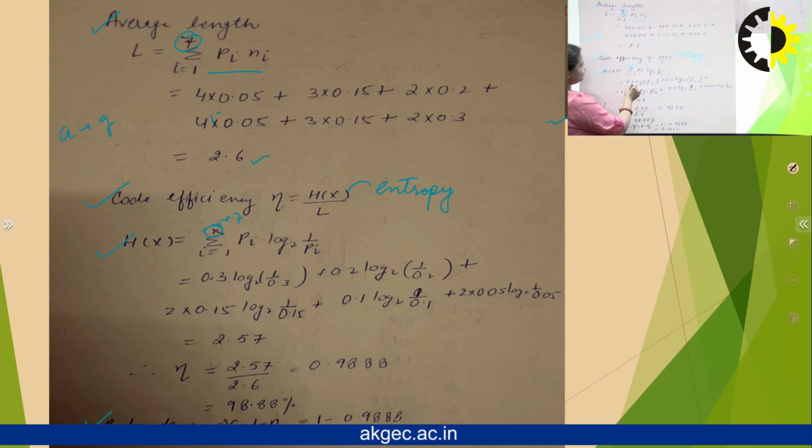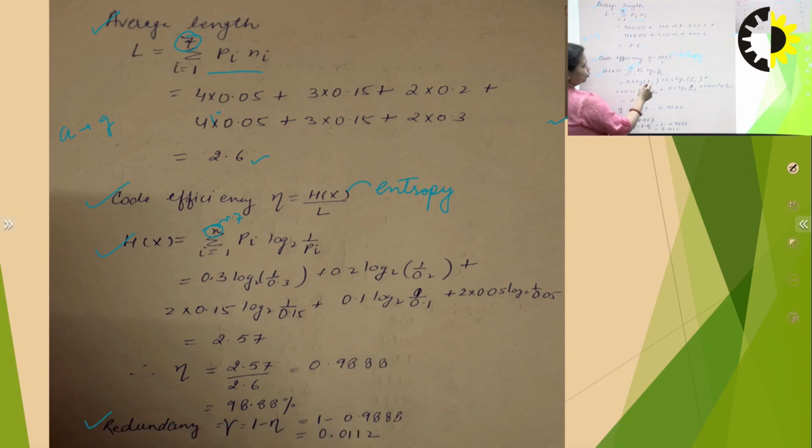So first probability is 0.3, so it is 0.3 log 2 1 by 0.3, then 0.2 log 2 1 by 0.2. I have just done this probability into log 2 1 by p_i. So you are just using that probability which is given in the question.